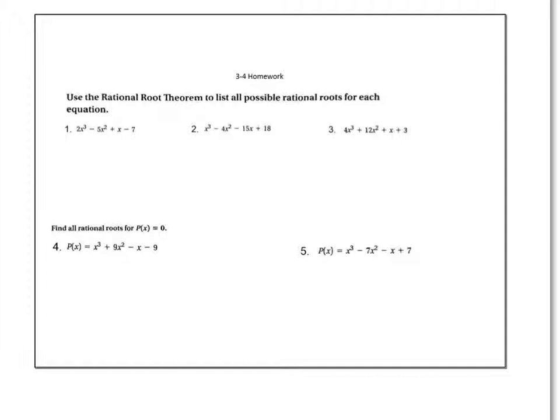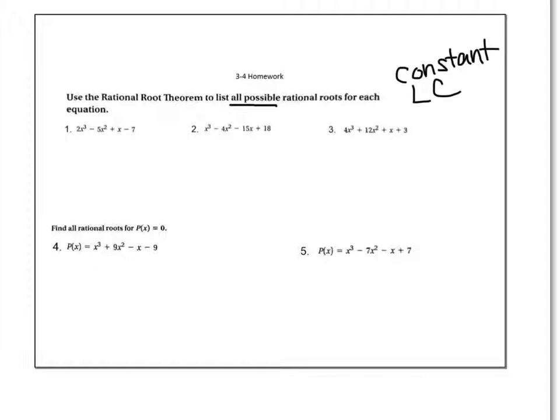You have 5 questions for homework tonight. The first 3 is like the first problem we did. You're listing all possible rational roots. All possible, remember, is your constant and your LC.